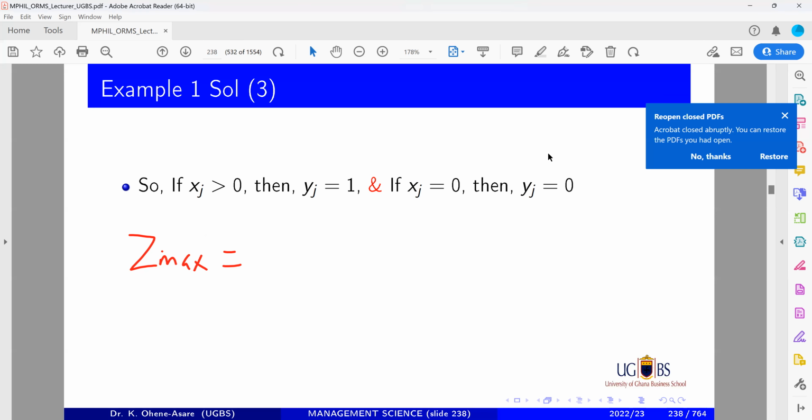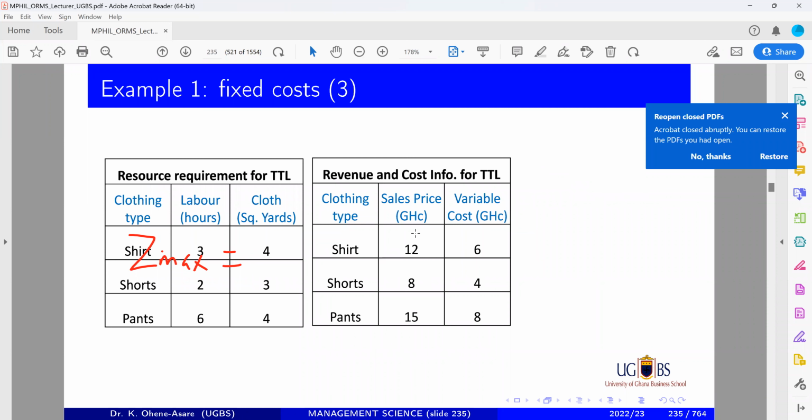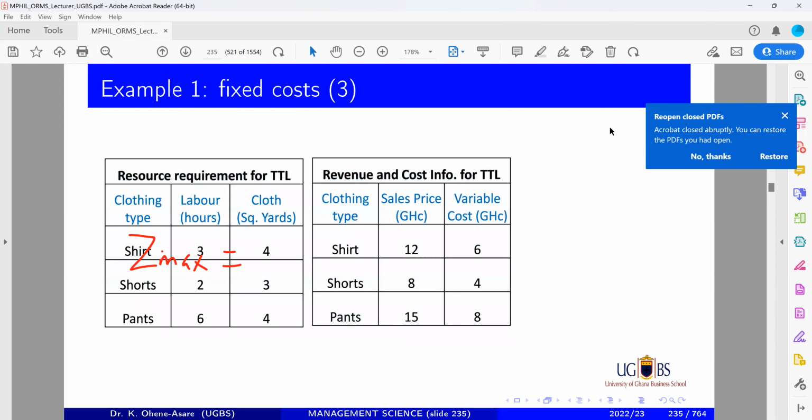So let's go back to the table. In this table, you will see that on this section here you have the prices. So if I were to write my Z max, I write Z max equal to the coefficient times the unit, and the units are X1, X2, X3.